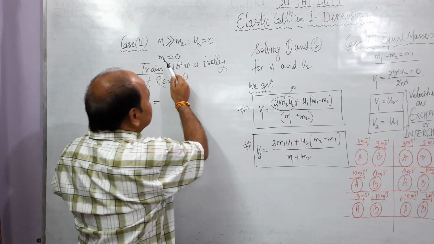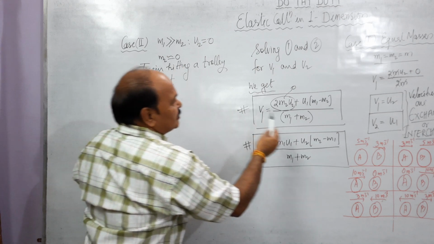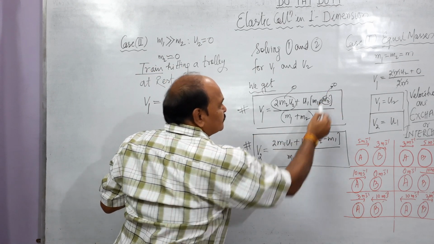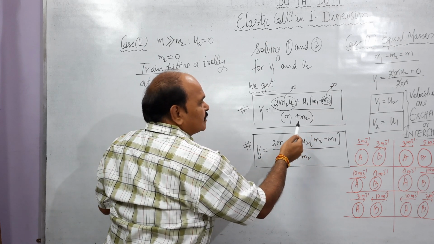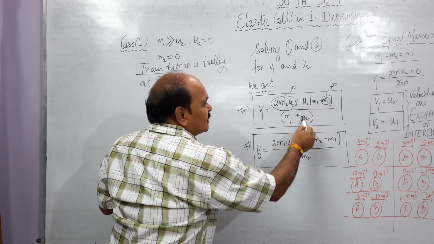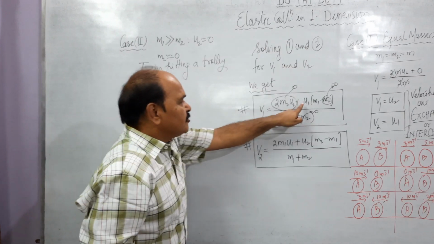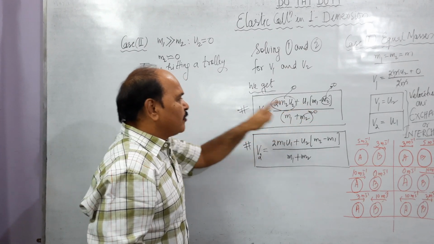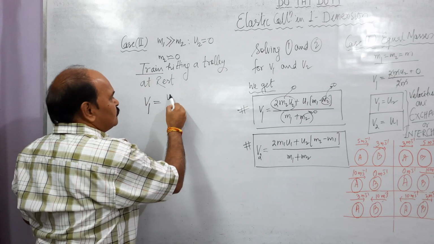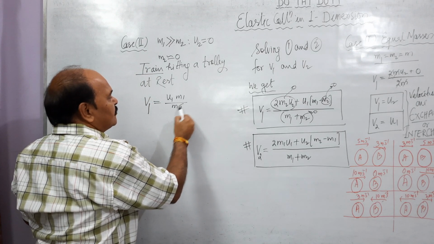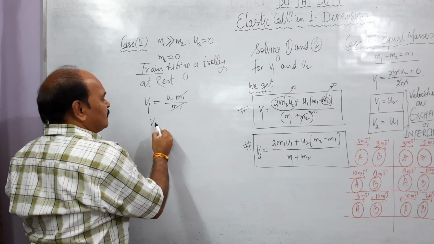And m2, since it is much smaller than m1, can be taken as 0. So we get v1 as u1 m1 upon m1, and you can see that m1 cancels out. We get v1 as u1.